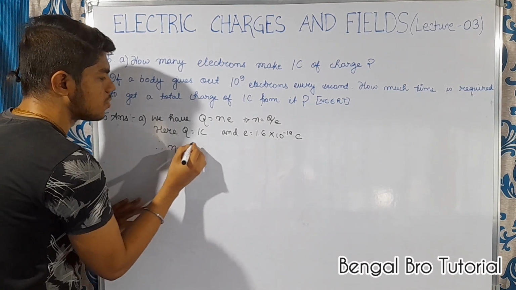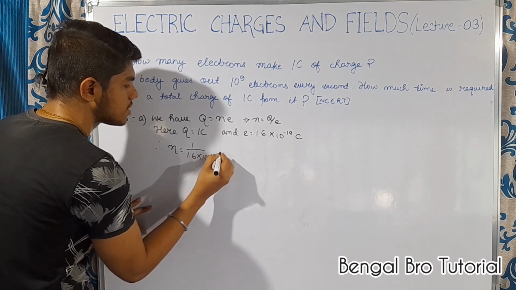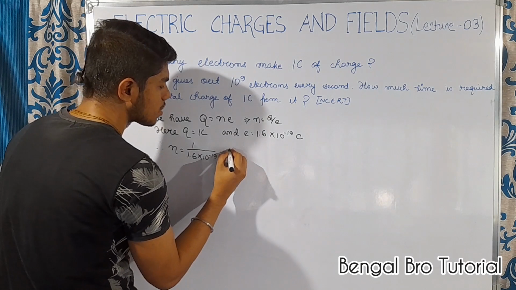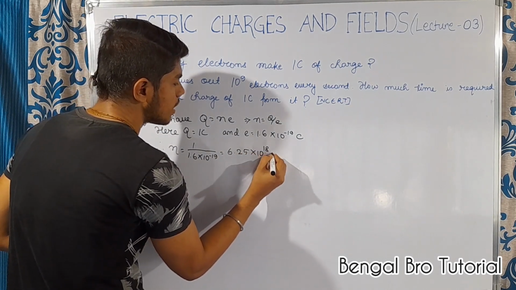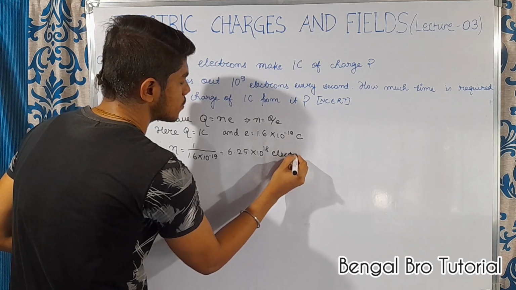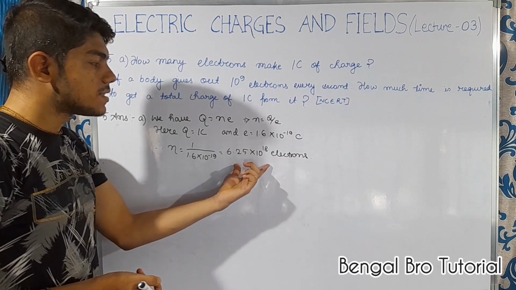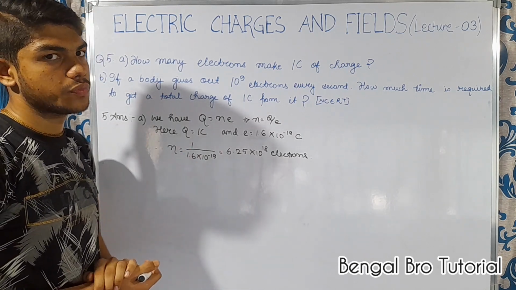Therefore, N is equal to 1 by 1.6 into 10 to the power minus 19, which will be equal to 6.25 into 10 to the power 18 electrons. Thus, this number of electrons will constitute 1 coulomb of charge.